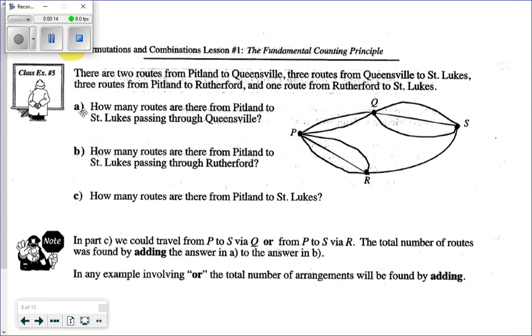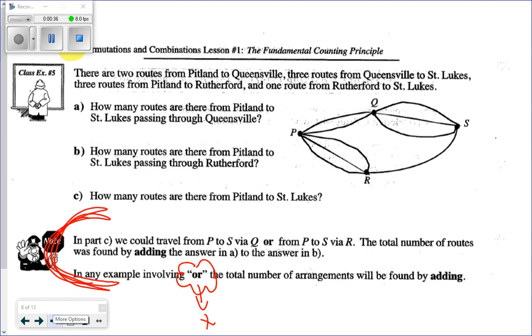What we need to talk about is two words and how very, very subtle they are, but how it completely changes how you do a question. When you're talking your way through a question, if you use the word "or," it means add.